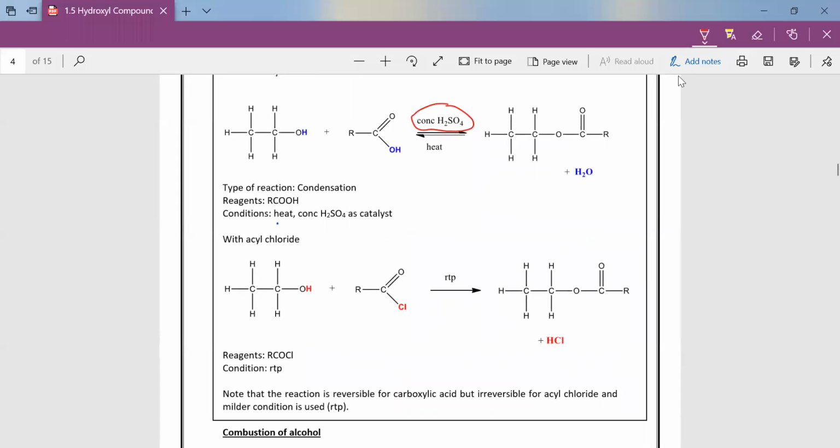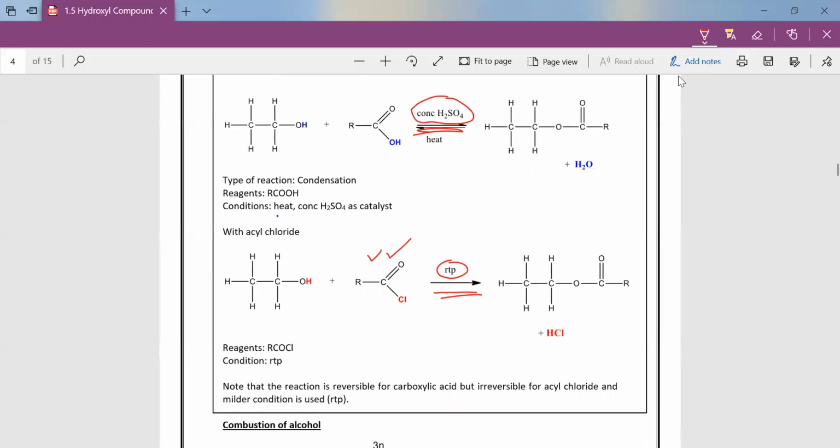Of course, acyl chloride will also react with alcohol because acyl chloride is in fact much more reactive than carboxylic acid. This reaction proceeds readily at RTP without needing a catalyst, which tells you how reactive the acyl chloride is. This second reaction is irreversible, compared to the first one with carboxylic acid, which is reversible.